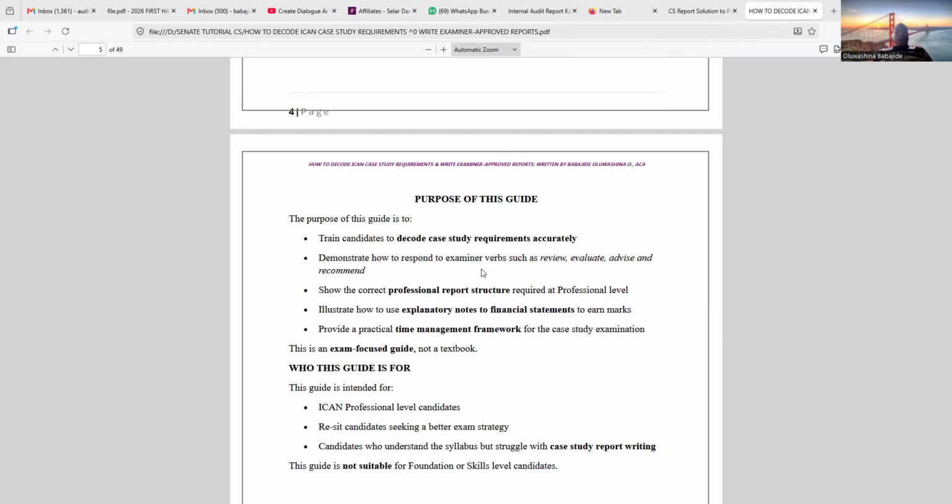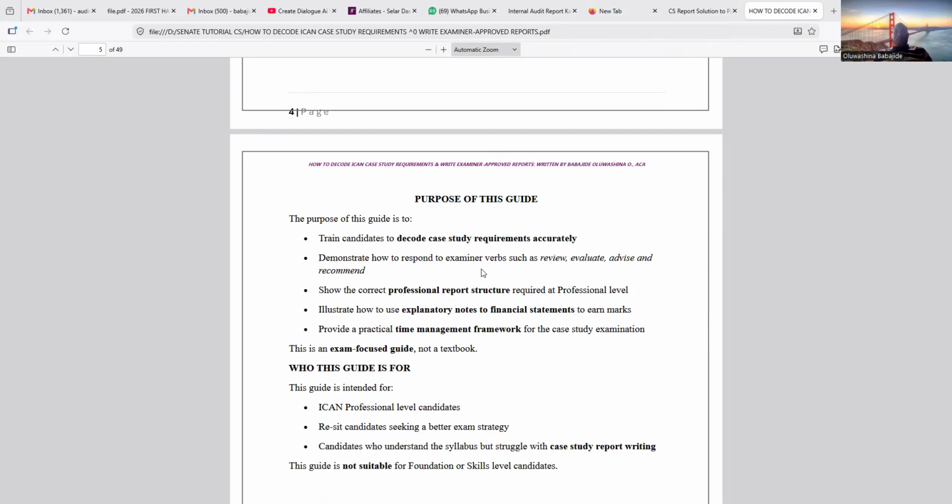The purpose of this guide is to train candidates to decode case study requirements accurately, and to demonstrate how to respond to examiner verbs such as review, evaluate, advise, and recommend.